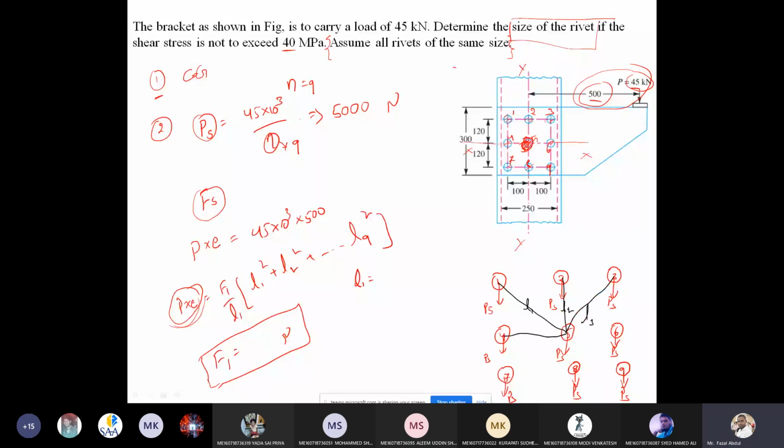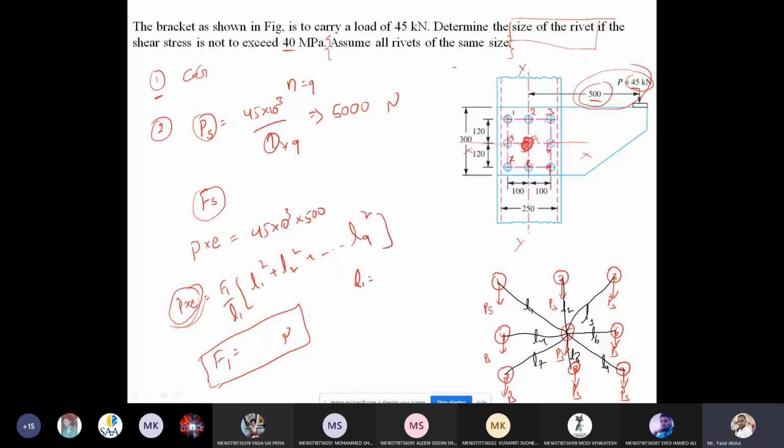This one is L4. The center of gravity is at the fifth rivet, so there is no L5. This is L6, L7, L8, L9. Okay.